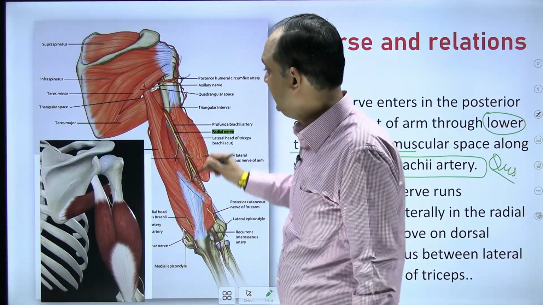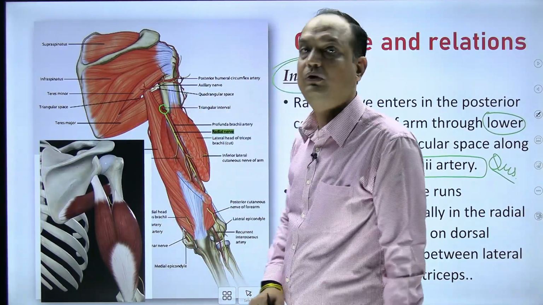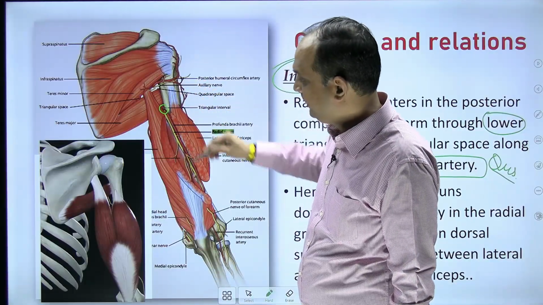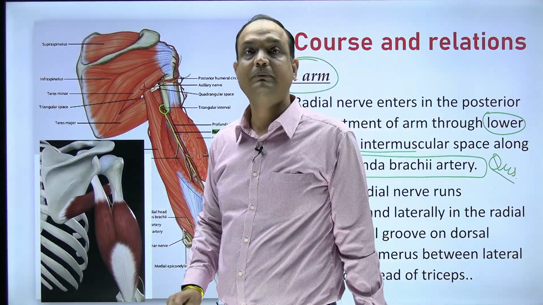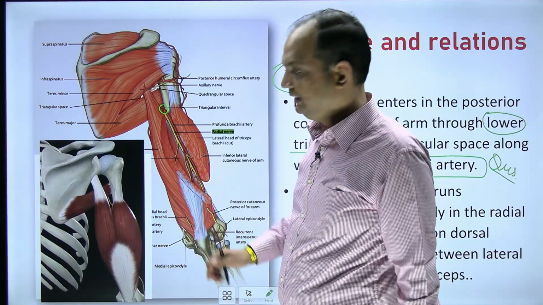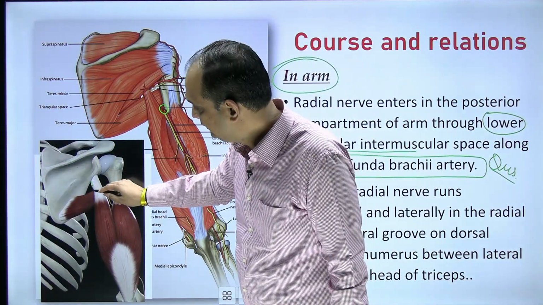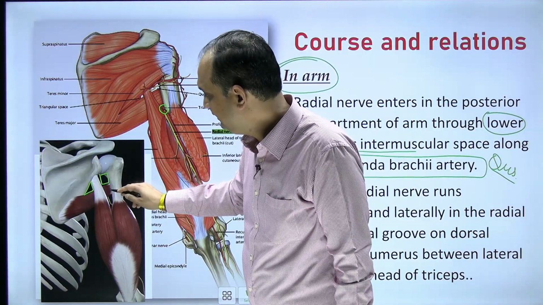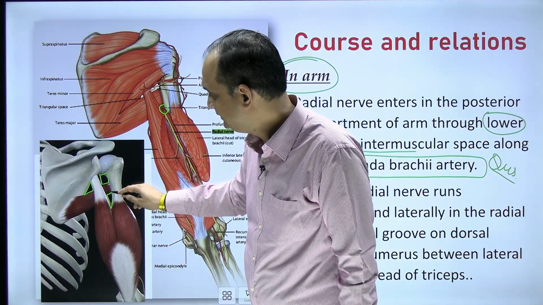Here you can see this area is the lower triangular space, and here the two structures are passing. Keep this in mind: this is the upper triangular space, this is your quadrangular space, and this is your lower triangular space.